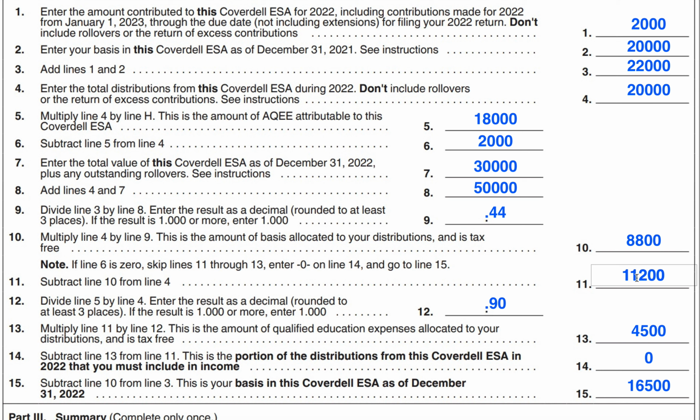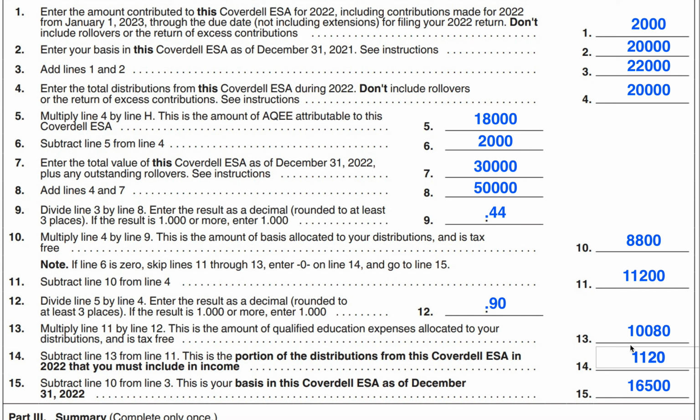So we're going to multiply the 11,200 by the 90%, and we're going to get $10,080. That amount is tax-free. The amount that we have to include in income is going to be that amount, the 1,120. That's the part that we would then report on Schedule 1. We would also put that on Form 5329.